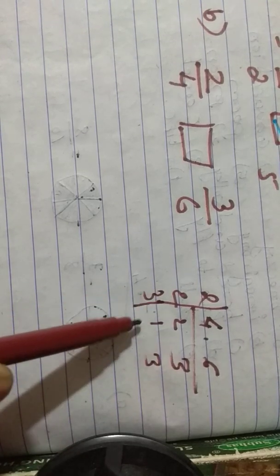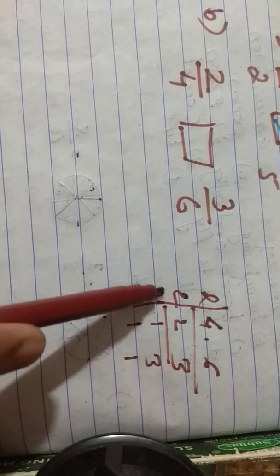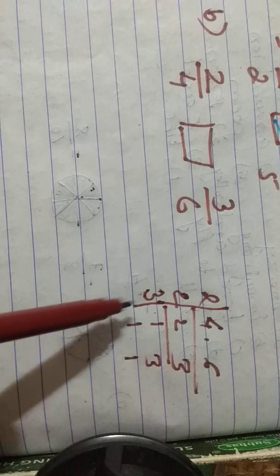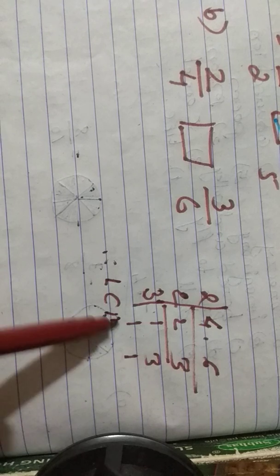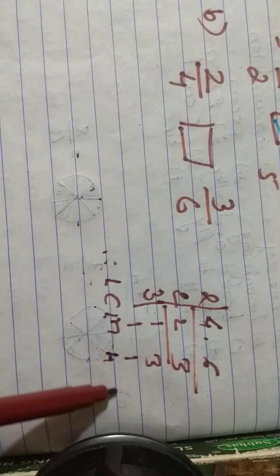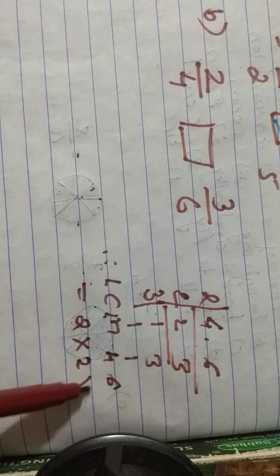So 3 1s are 3. Now we have to multiply these factors. That gives you the LCM of 4 and 6. Therefore, LCM of 4 and 6 is equal to 2 into 2 into 3.